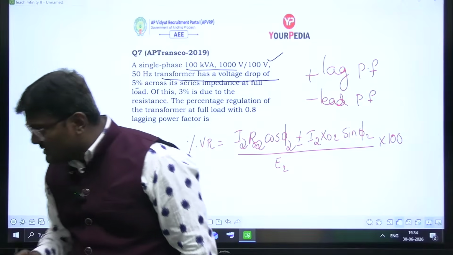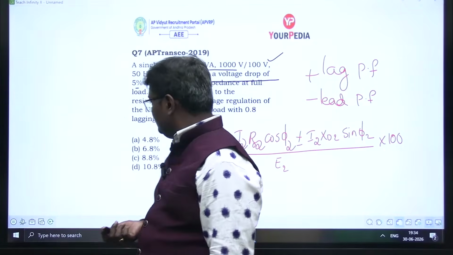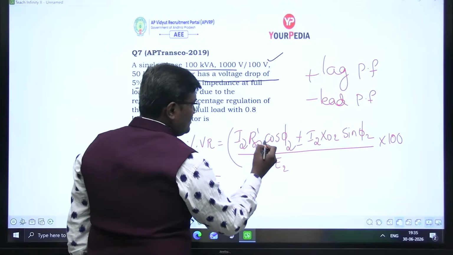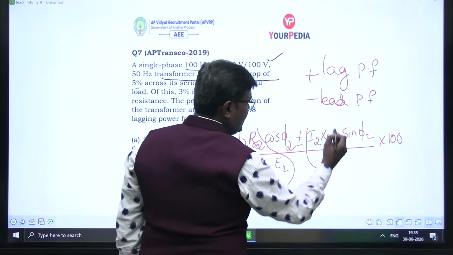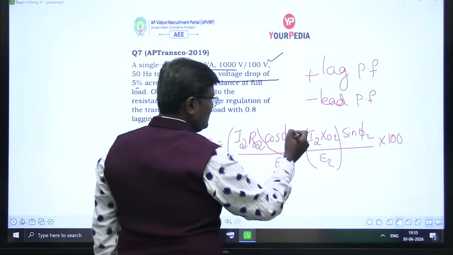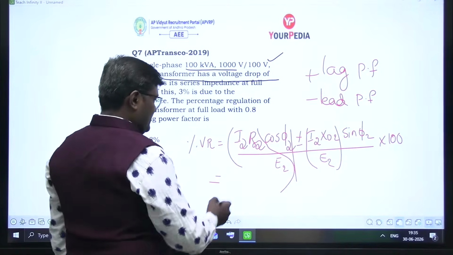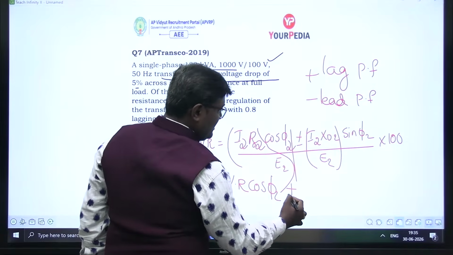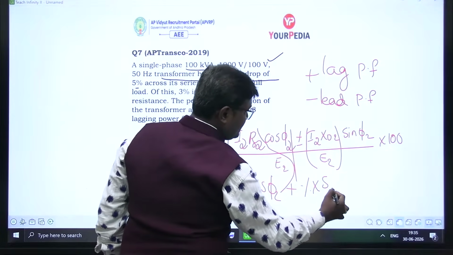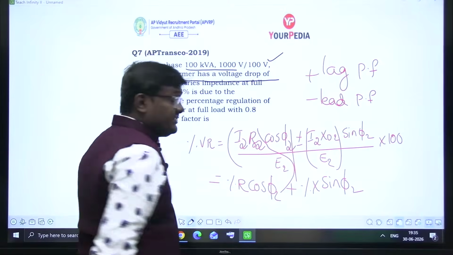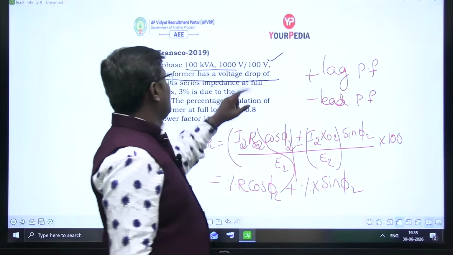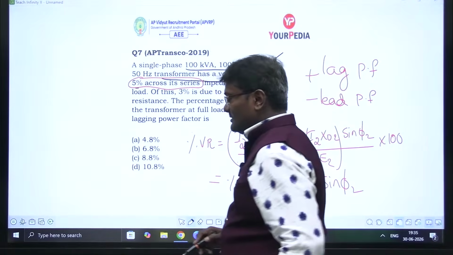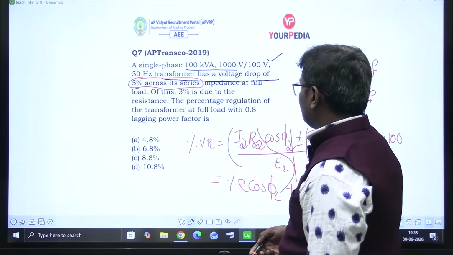Someone has already given the answer A. Let's check it. So this is I2 R02 by E2, and here also you should take it as E2. So percentage resistance R cos phi 2 plus percentage X sin phi 2 is indirectly giving that voltage drop of 5% across the series impedance.